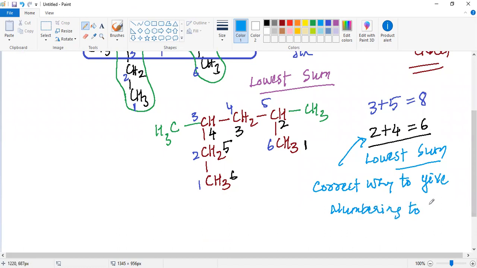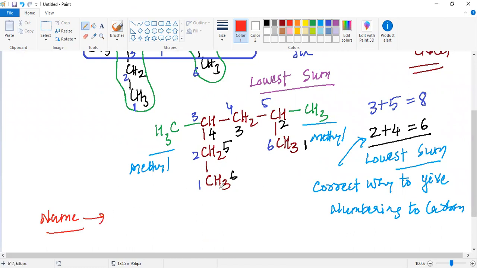Now here both the groups are methyl group. You can see, my dear students, this is methyl group. This is also methyl group. So on the basis of that, we can give the name to the compound. And how do we write the name? We first have the total number of 6 carbons, so first we will write hexane.